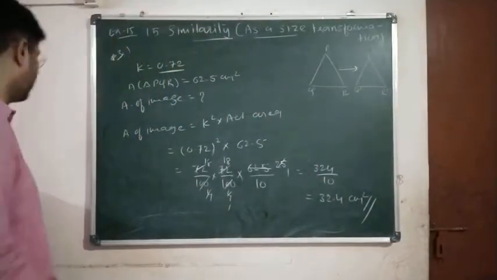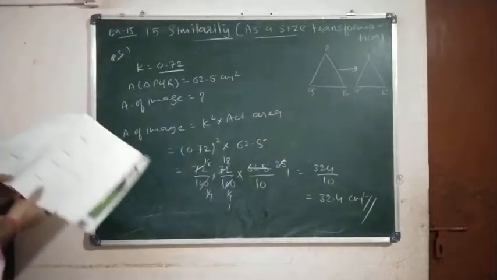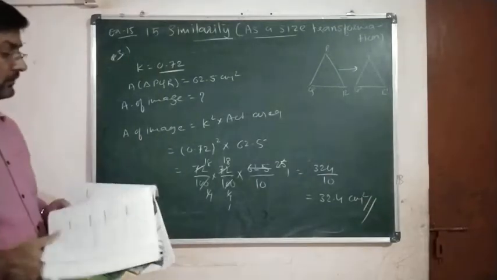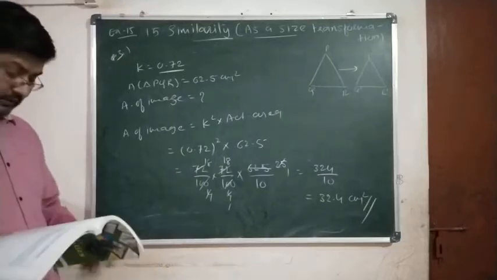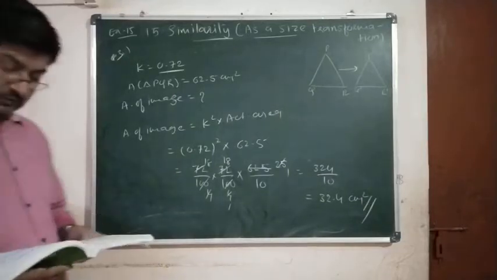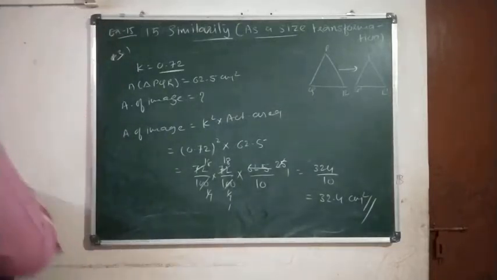This is the area of the image. This is the required answer. The answer is 32.4 square centimeter. Clear? So question number 3 was quite easy. Now let us solve question number 4.